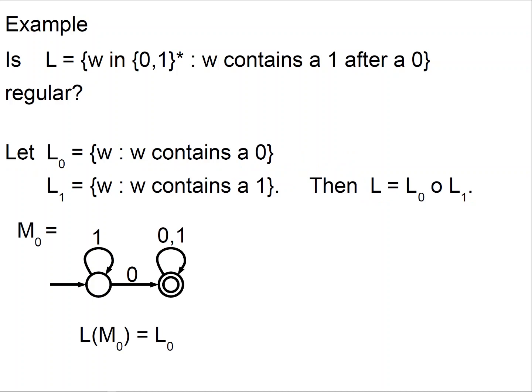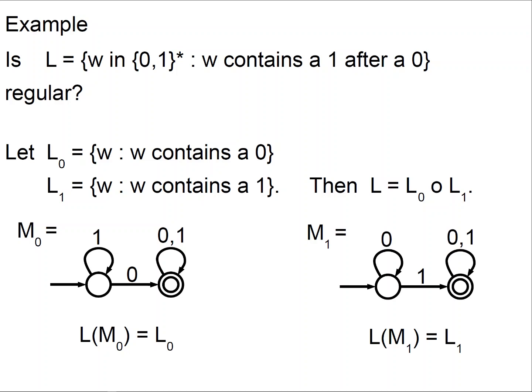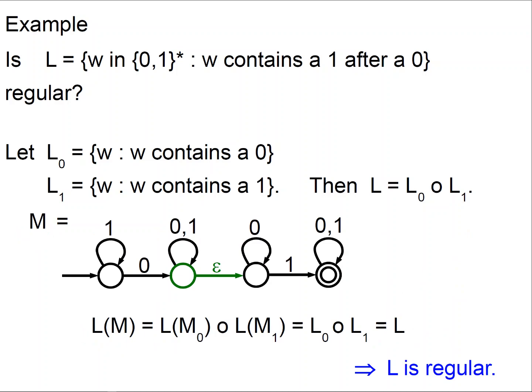Here is the DFA for M0. It needs to contain at least one 0. And here is a similar DFA for M1. It needs to contain at least one 1. So if you concatenate, you get this NFA here.